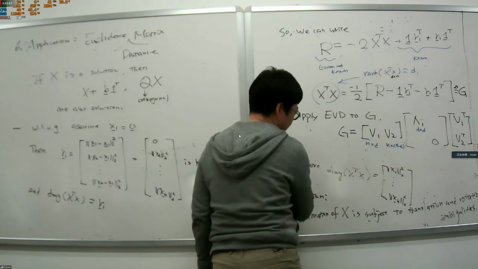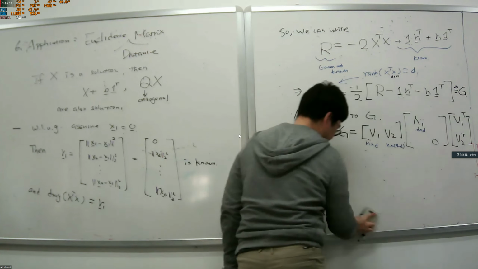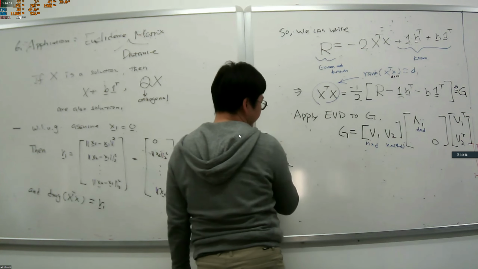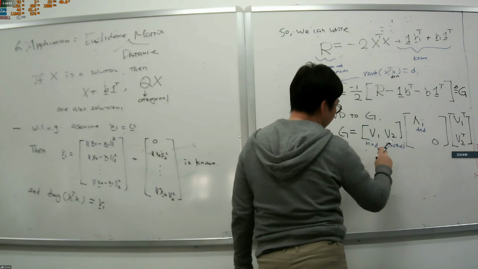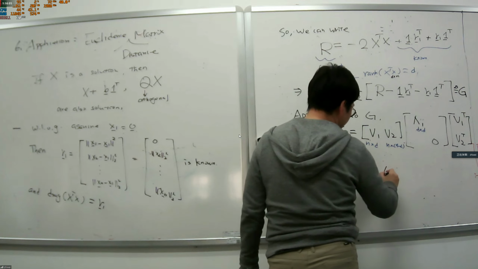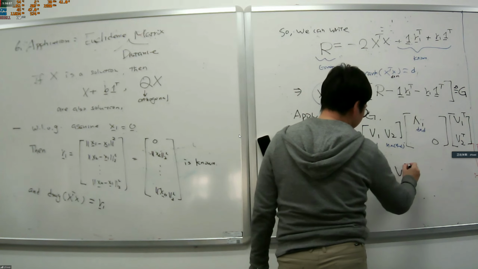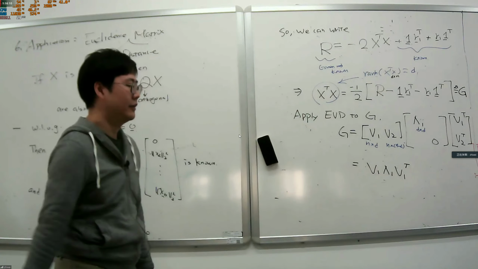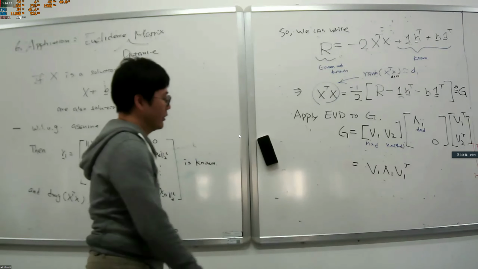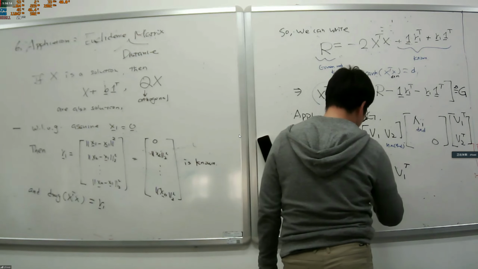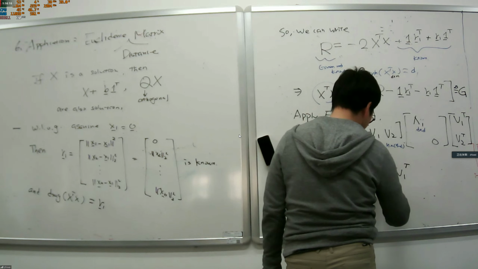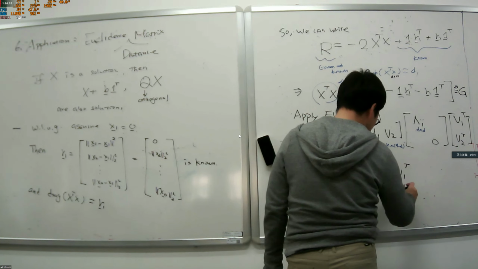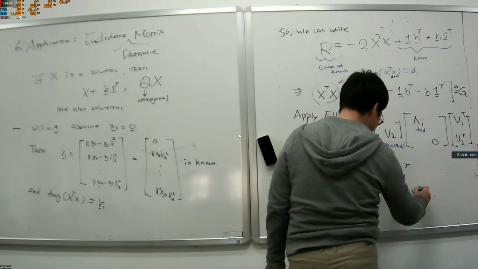So G equals V1 lambda 1 V1 transpose, and you can use V1 lambda 1 square root, lambda 1 square root V1 transpose.